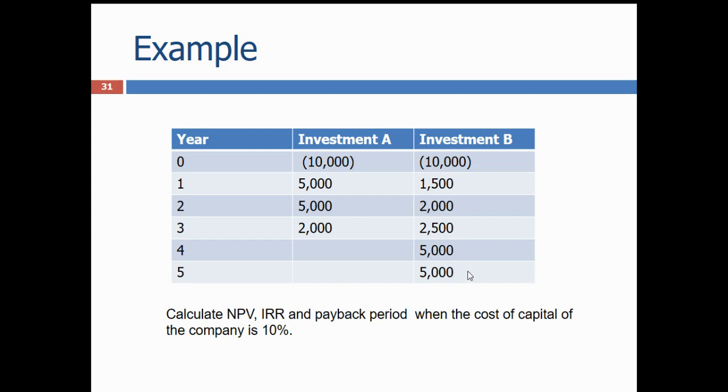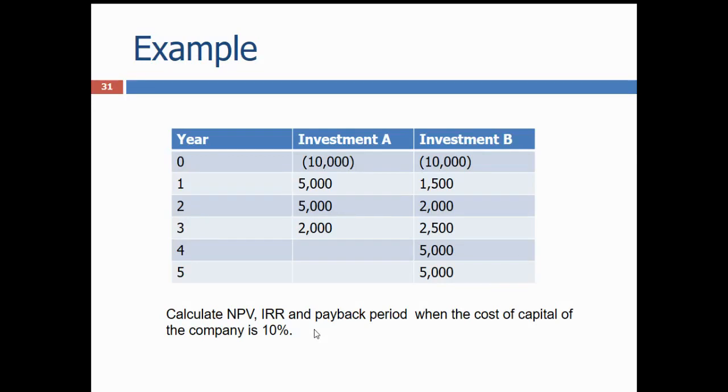Nevertheless, you need to calculate NPV, IRR, and payback period with the cost of capital of 10% to indicate which project is worthwhile to undertake, which is better than the other.